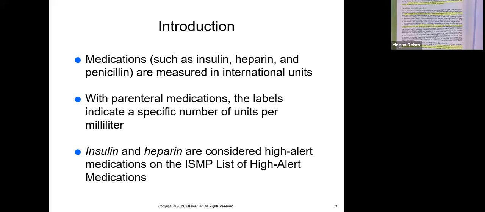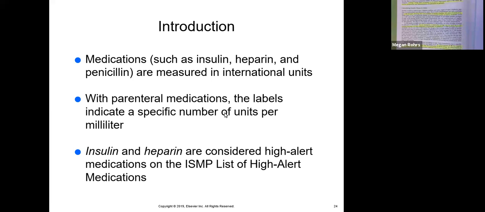For example, 1 unit of insulin is not going to be equivalent to 1 unit of heparin. So, specific to each drug. The strength is also listed as units per milliliter.